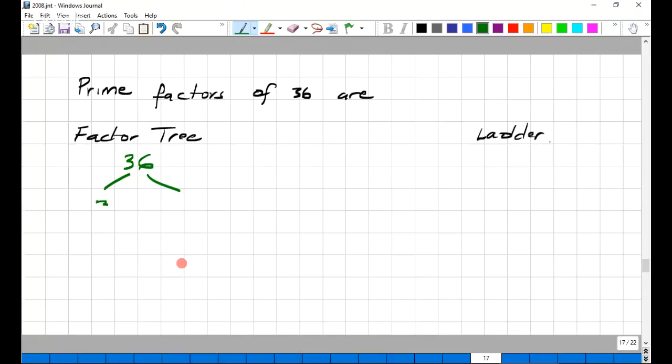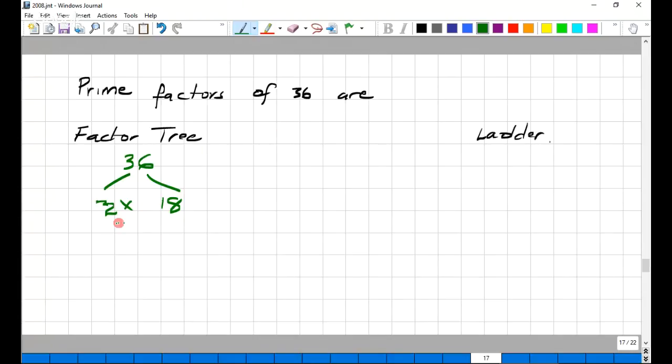What two factors could we multiply to get 36? 3 times 1 can't give us 36. 2 times 18, or 4 times 9.